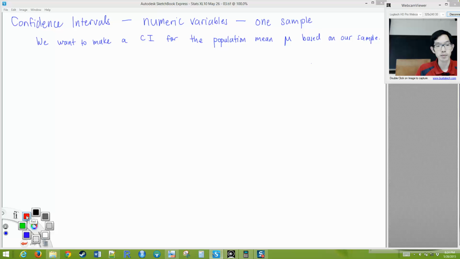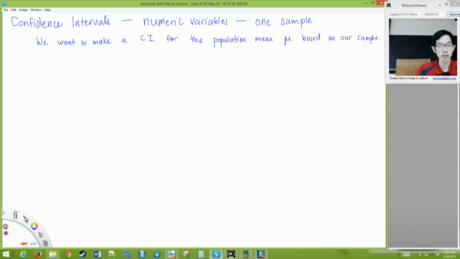Okay. So this is the formula. What does CI stand for? Confidence interval.